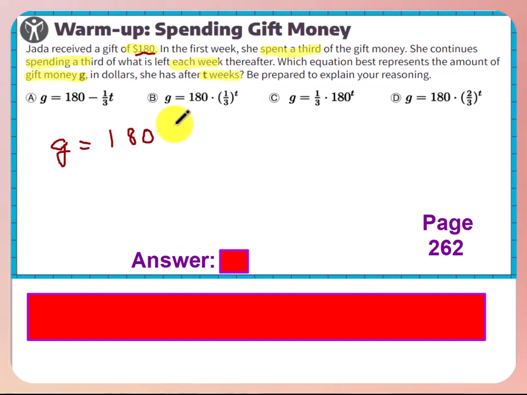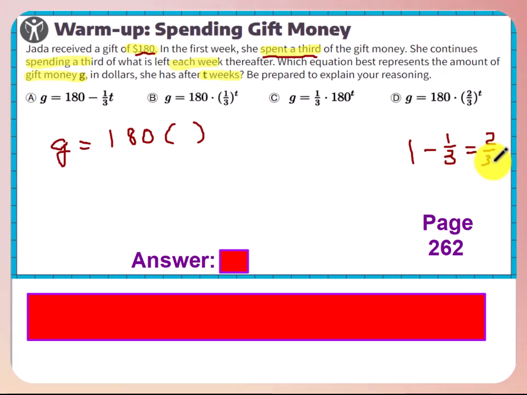times the growth factor, in this case decay factor, because she's spending money, so she's going to be losing money. She spends a third of the gift money, so we've got to take that 1/3 and subtract it from 1. So 1 minus 1/3 is equal to 2/3.